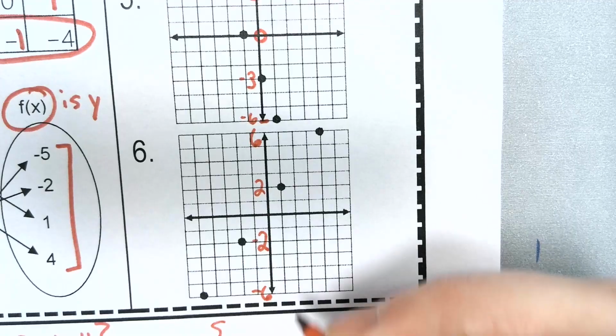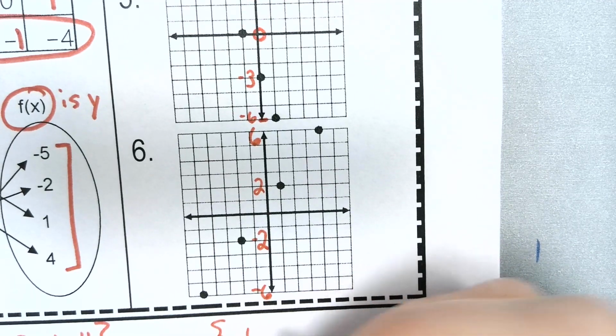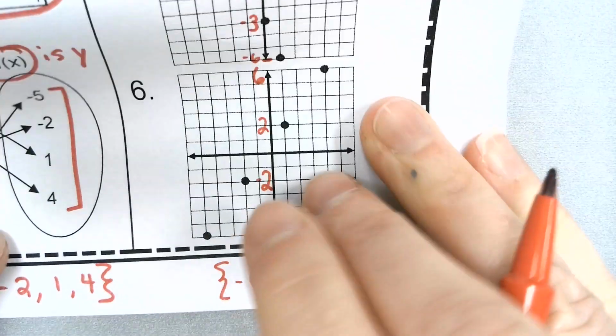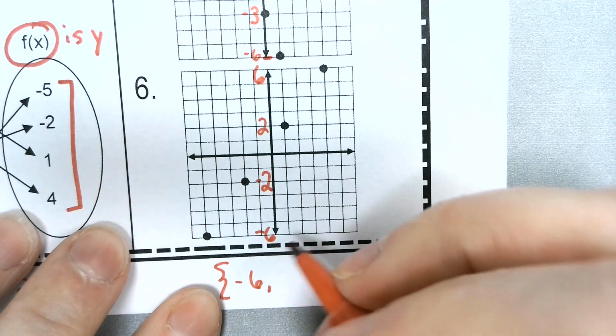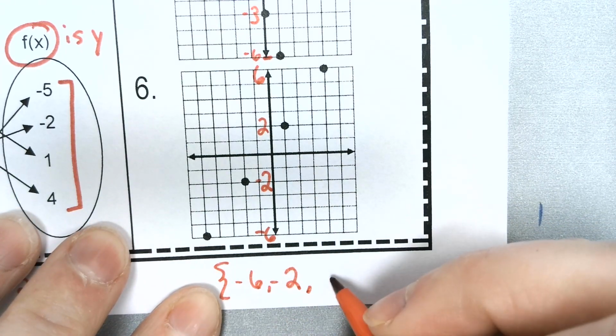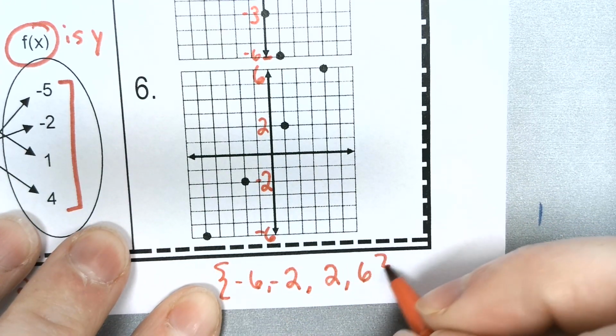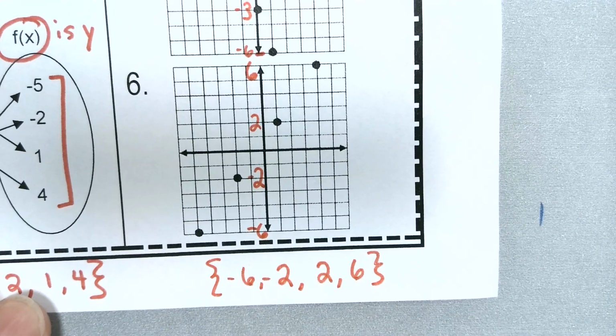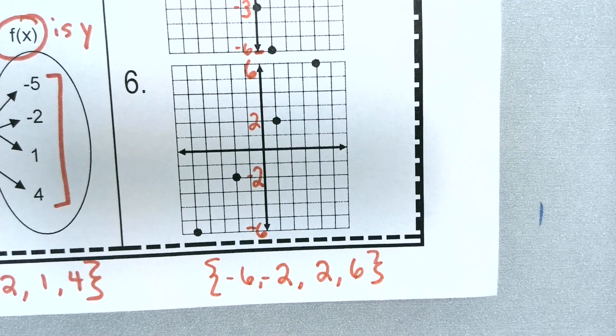I'm going to do it down here. -6, -2, 2 and 6. So we're just making lists for domain and range right now, because we have 4 points. So when we make a list, we'll have 4 y values.